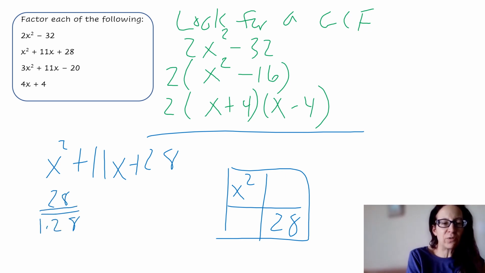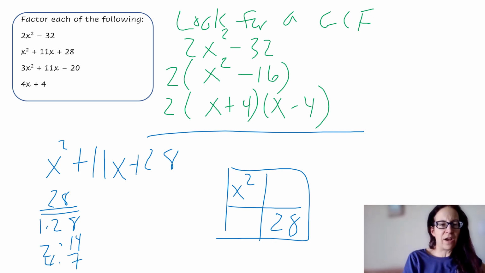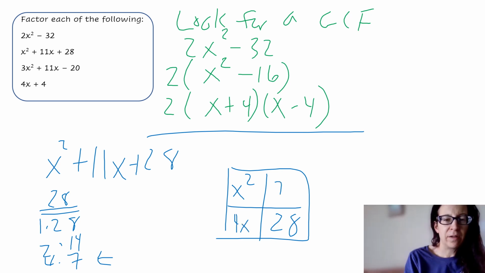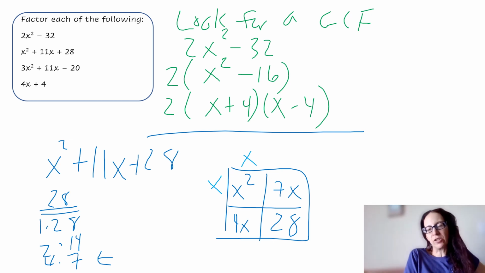Okay, so that factors into 1 times 28, 2 times 14, not 3 times anything, 4 times 7, not 5, not 6. Okay, we're good. And then the one of those that adds up to the 11 is the 4 and the 7. And for ones where the leading coefficient is 1, it's not too bad because the only way for you to get x squared in that upper left-hand box is to do x times x.